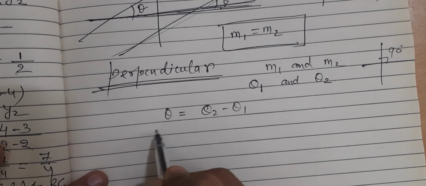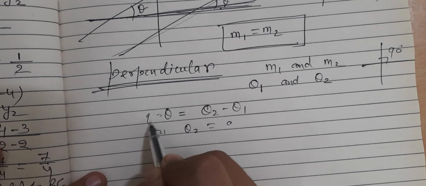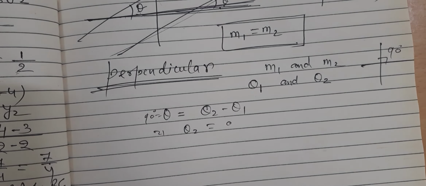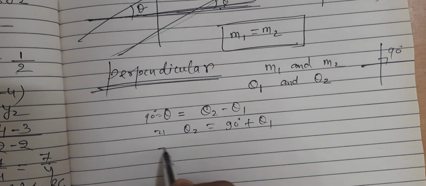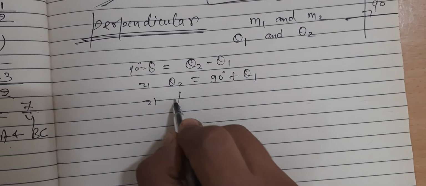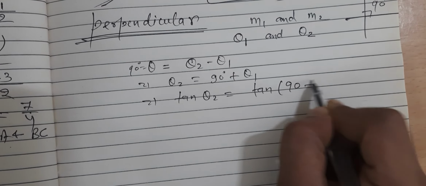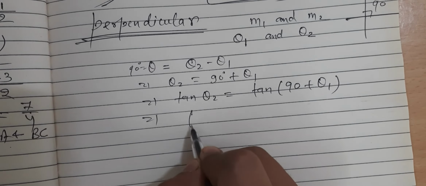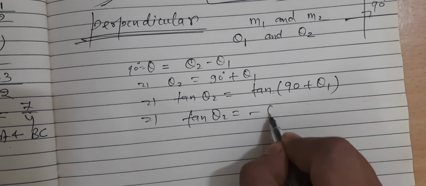Now theta, the angle between the lines, is 90 degrees. So theta 2 will be 90 degrees plus theta 1, and for slopes we find tan theta 2, which is tan(90 plus theta 1), which is minus cot theta 1.